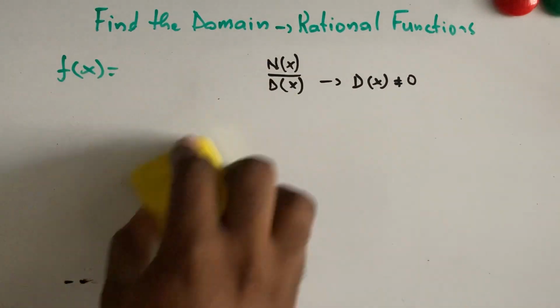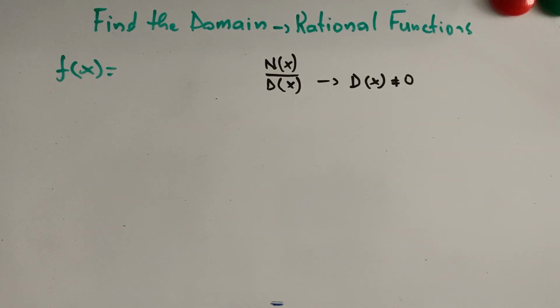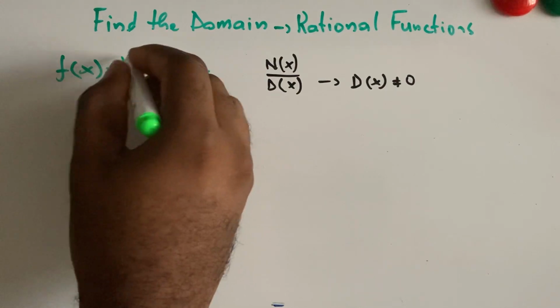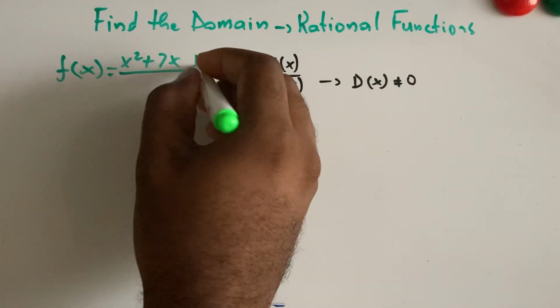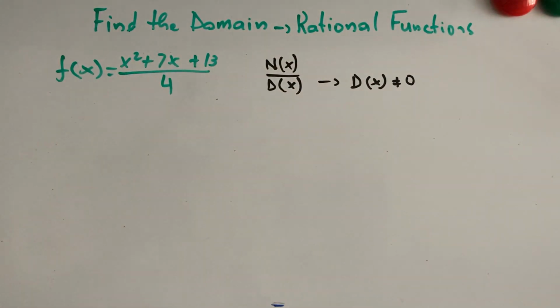I just want to make sure this makes sense to you. Another example is, let's say you have x squared plus 7x plus 13 over 4. In this case, guys, same thing.